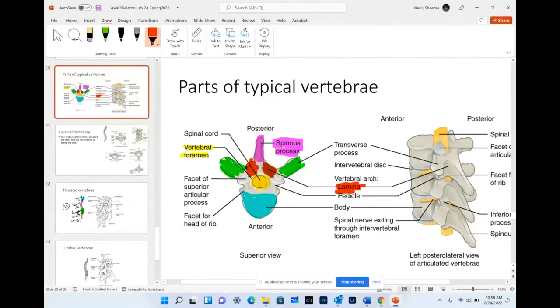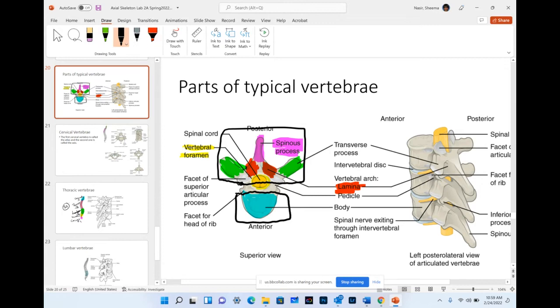Pedicel. Pedicel is basically this part. It is the connection between your bumpy part and the body. Okay, so let me show you. You see all this bumpy part? This and the body.